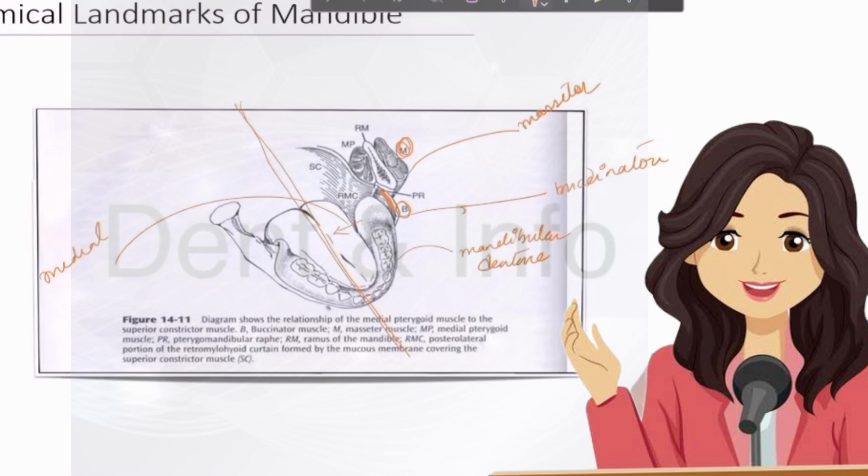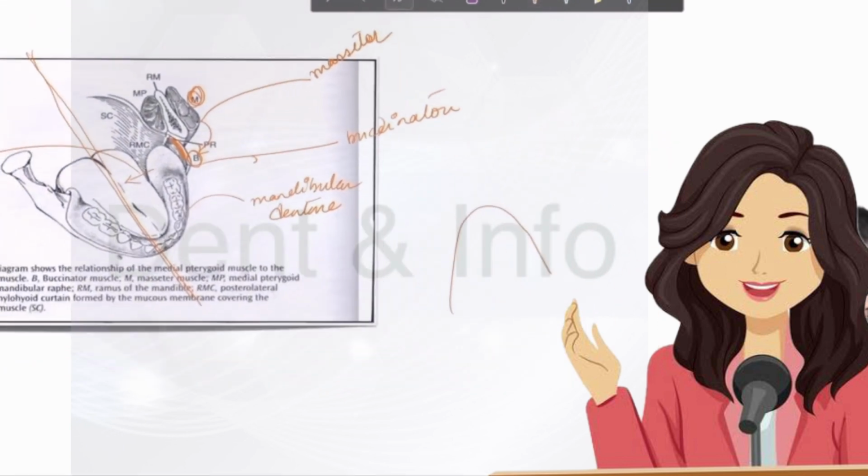So now I hope you understand that the masseter will push the buccinator here and will create that inward masseteric notch, right? Posteriorly, first we saw our buccinator, the outer side we saw our masseter.